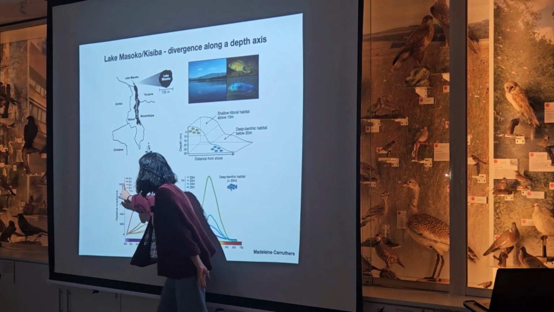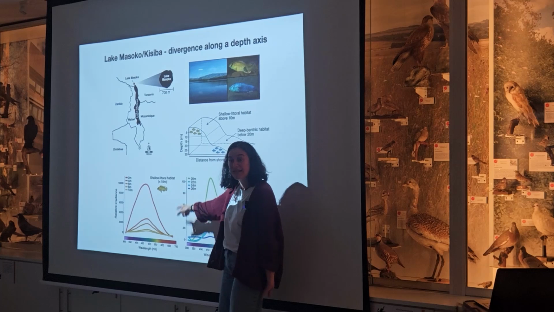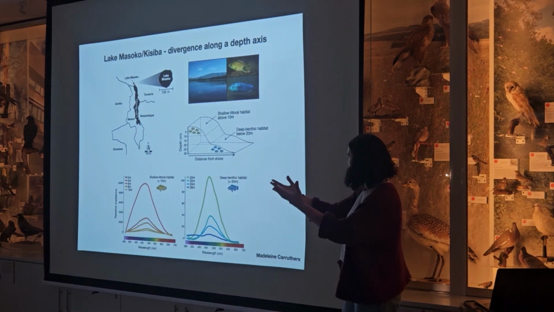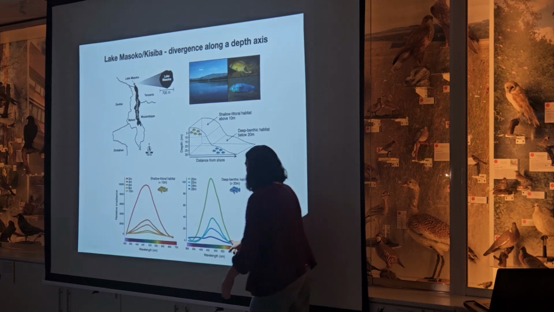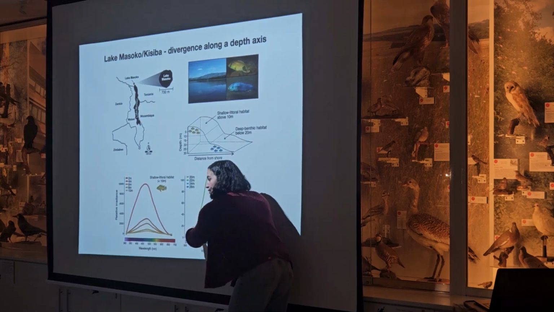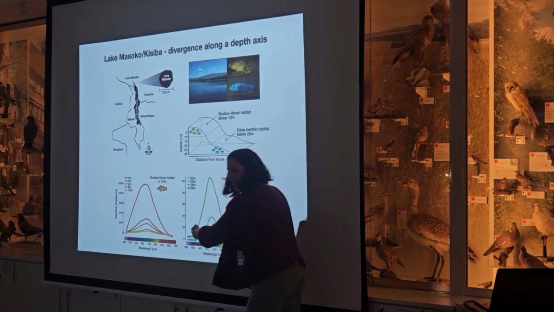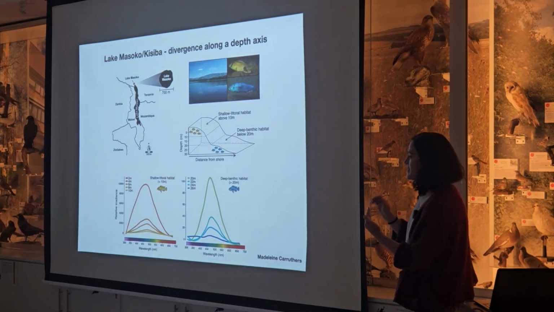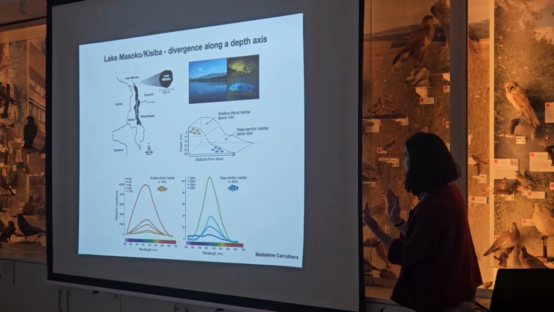Here it goes up to 1,000, and here it goes up to 100, and this is light intensity. So you see that in the shallows, they have a lot more light. And then in the deeps, there is a narrowing of the light spectrum. So basically, there's low light, and the light that gets down there is green and blue shifted.